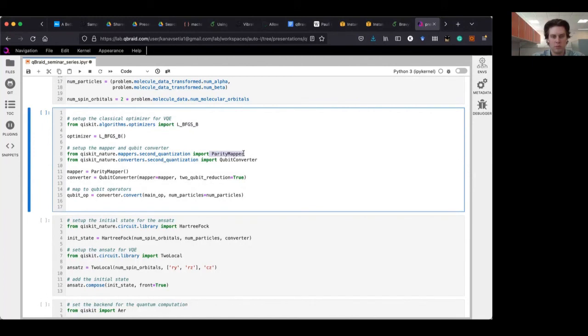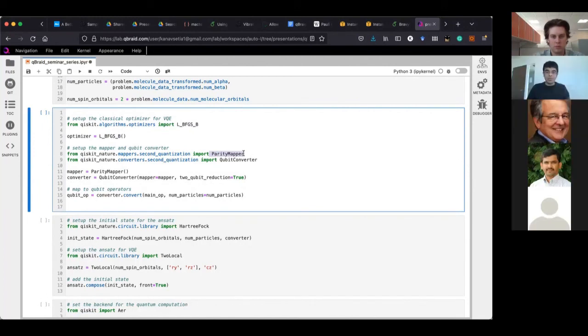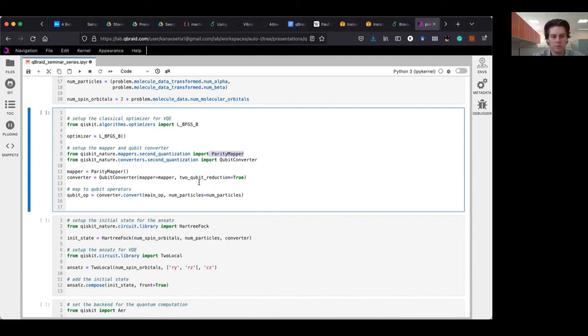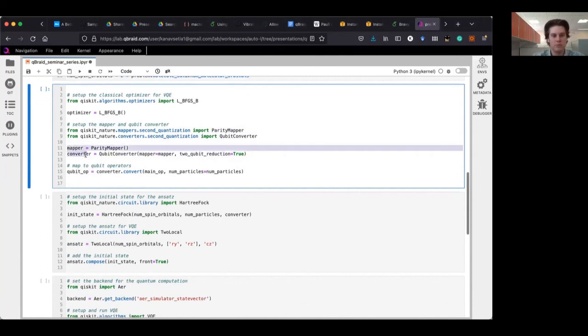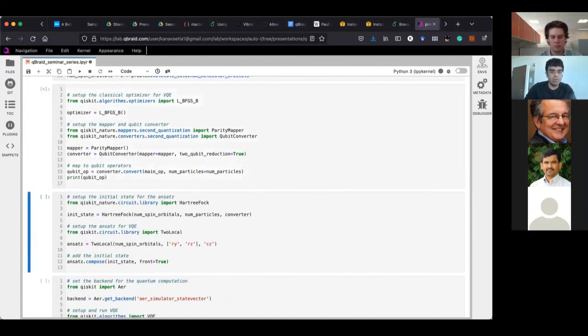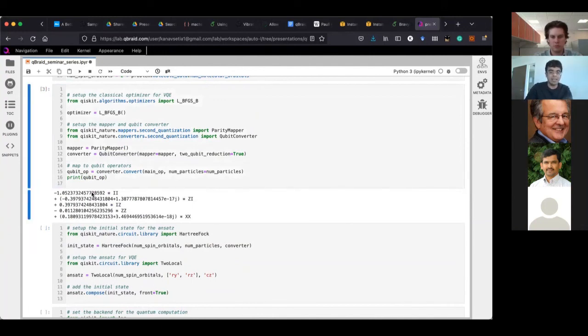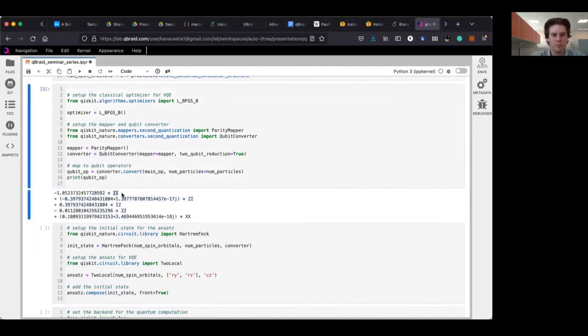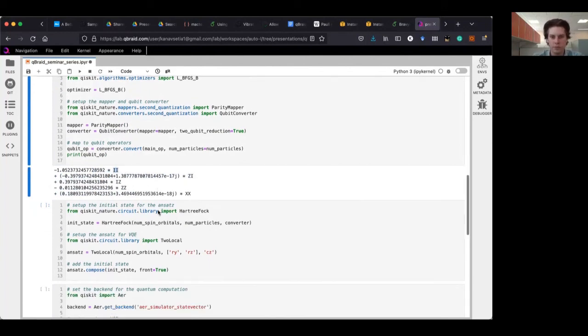So it's a way to map your electronic system to the qubits, right? Then with these two things, you get your parity mapper, and you convert from your fermionic problem to the qubits. So you get your qubit operators. And if you want to see how your qubit operator looks, you can, this should work. Yeah, you can see that these are your qubit operators, II, ZI, yeah.